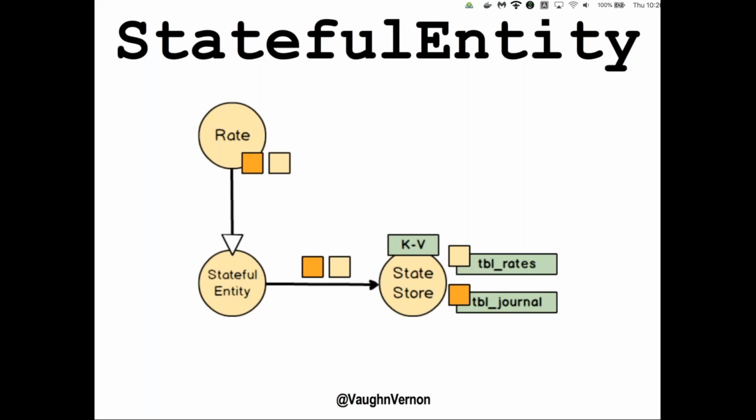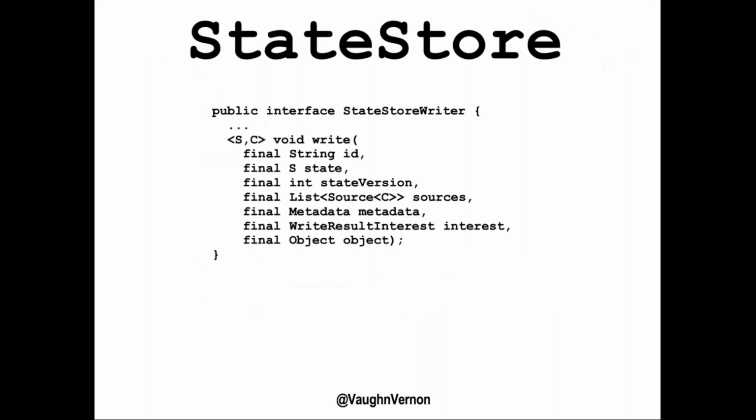Okay. So let's take a look at the writer interface. There is a parent interface, the highest level interface, named StateStore, but the StateStore simply extends the two protocols or interfaces, StateStoreWriter and StateStoreReader, and I'll show you the reader in a moment. Again, this write method is the richest write method that exists in the StateStoreWriter.